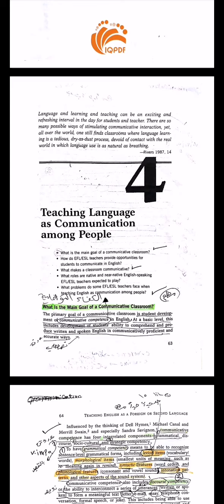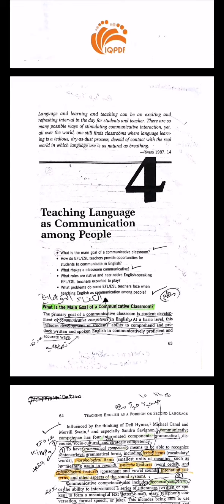So there are certain questions given at the beginning of the chapter which are very important for you. Question number 1: what is the main goal of communication classroom? How do EFL and ESL teachers provide opportunities for students to communicate in English?